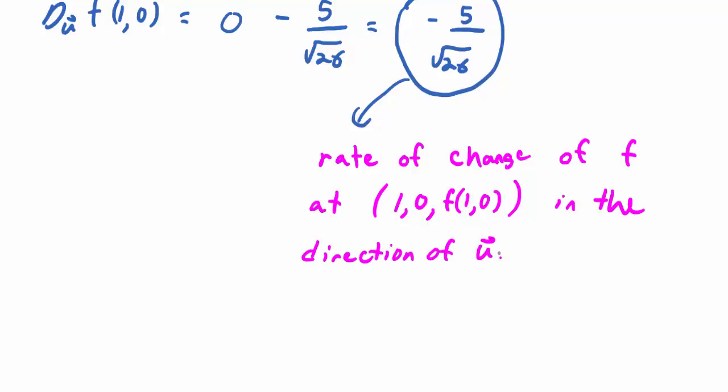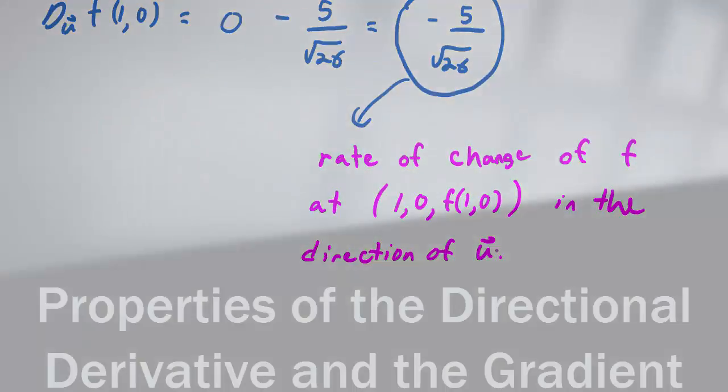I suppose you don't need the z coordinate there. It's still the rate of change at x equals 1, y equals 0, but I'm taking it from the perspective that you're standing on the hill or standing in that region. Sometimes it's not a hill, right? Sometimes it's a depression.